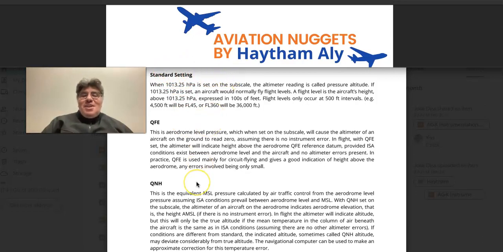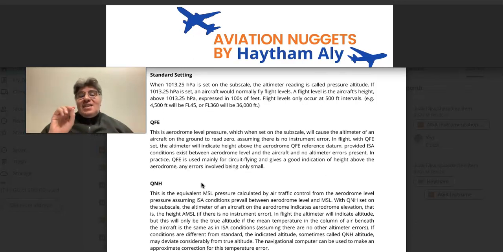And the third pressure setting, everybody, is QNH. It is the pressure setting related to the mean sea level. And when the altimeter pressure setting is at QNH, the altimeter will show altitude. And this is a mistake that many pilots go into.